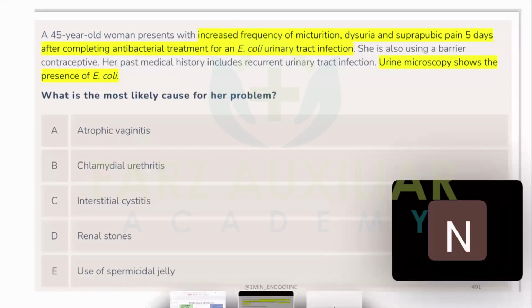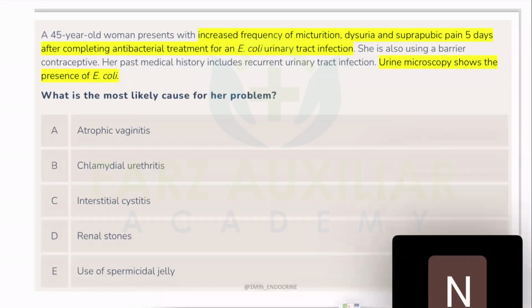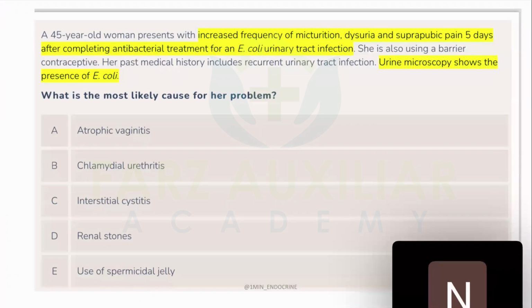So this is the question where we need to rule out the options one by one. Atrophic vaginitis: 45-year-old woman, she is using a barrier contraceptive, and there is increased frequency and other symptoms. As a 45-year-old, you won't expect an atrophic vaginitis, so that rules it out.